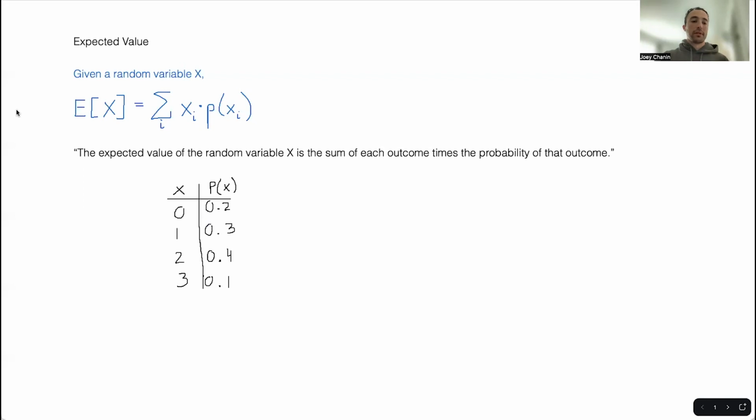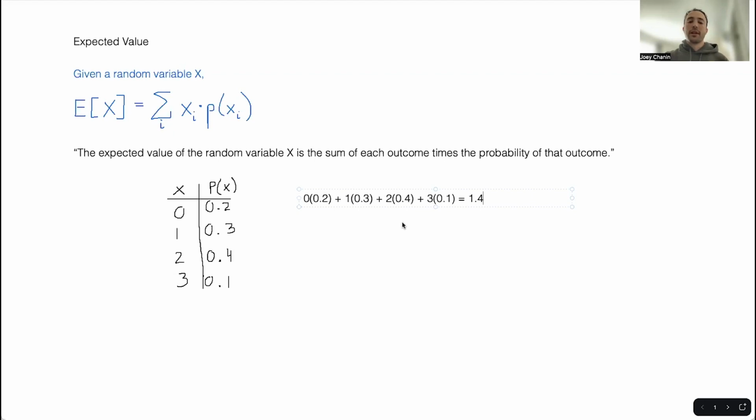And what we would do then, if we follow along with this definition of this formula that we established, right, we would just sum up each outcome times its probability. So 0 times 0.2 plus 1 times 0.3 plus 2 times 0.4 plus 3 times 0.1, right? And we would get this 0.3 plus 0.8, 1.1 plus 0.3 is 1.4.